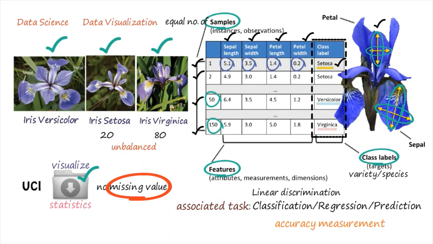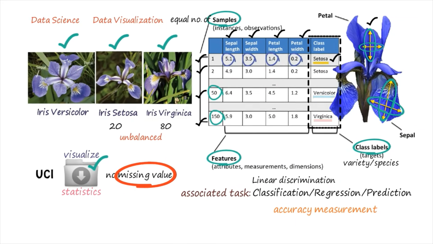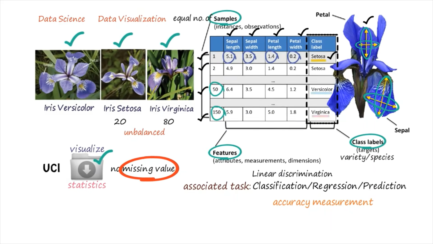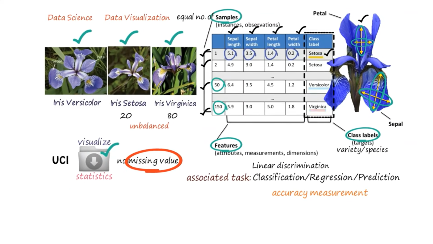The look and feel of Setosa is completely different from the other two categories, so the information we have collected for Setosa is completely different from the other two. But in real life, Versicolor and Virginica look exactly similar, so differentiating them from one another is a very difficult task.